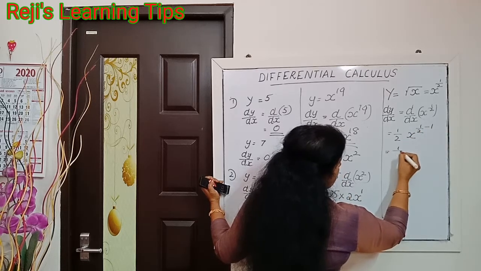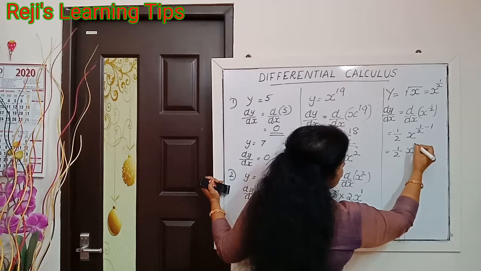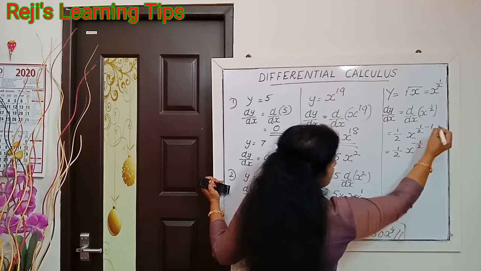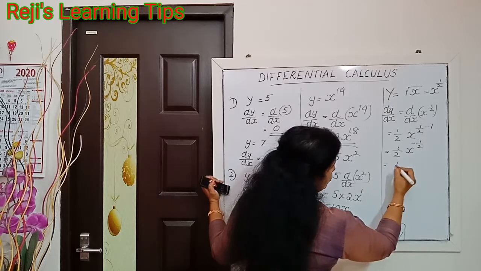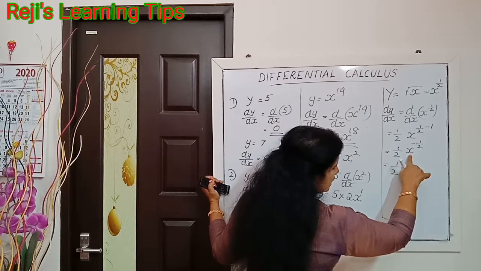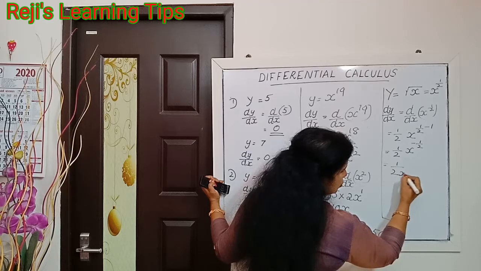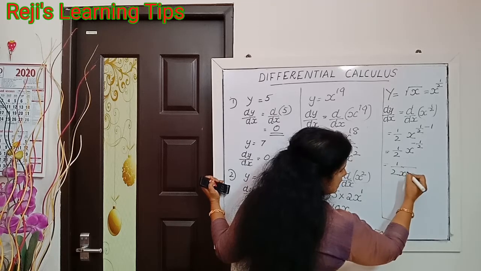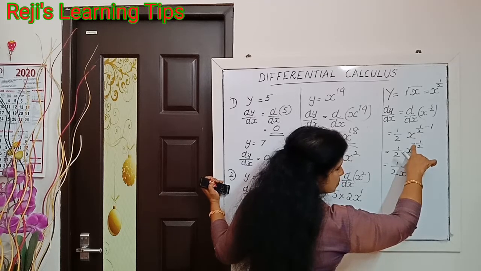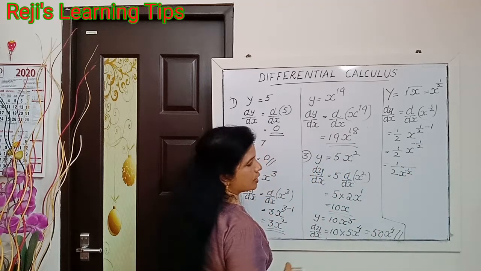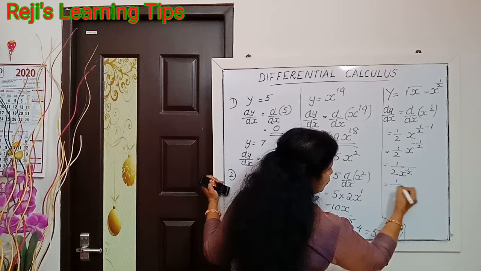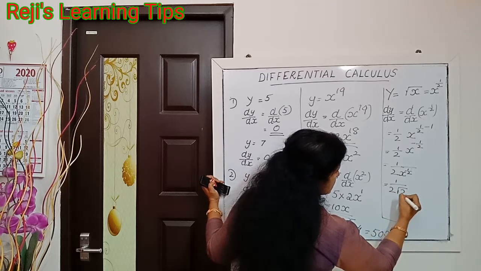That is equal to 1 by 2 into x raised to minus 1 by 2, since 1 by 2 minus 1 is minus 1 by 2. x raised to minus 1 by 2, we can write in the denominator to remove this minus sign. That is equal to 1 by 2 root x.